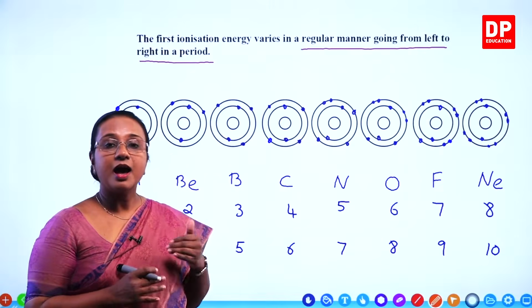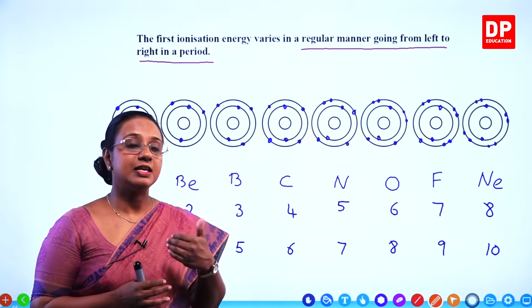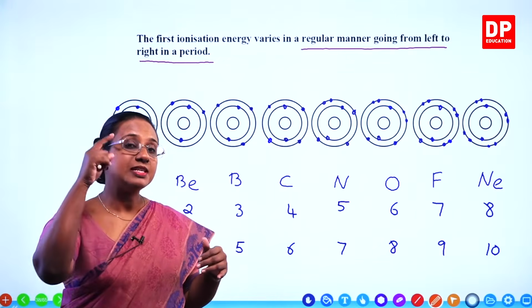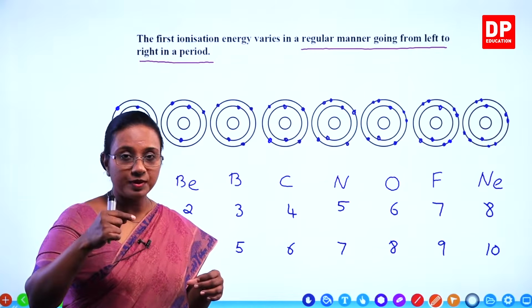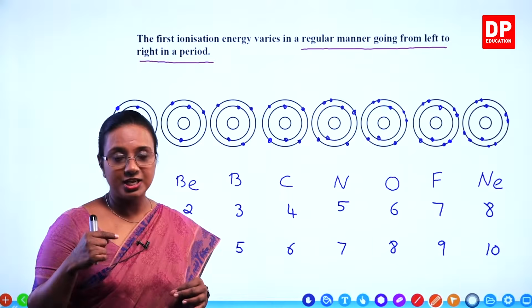But there are other factors that affect the first ionization energy. That is why we saw a slight change. The third group had a drop. The sixth group had a drop in first ionization energy.